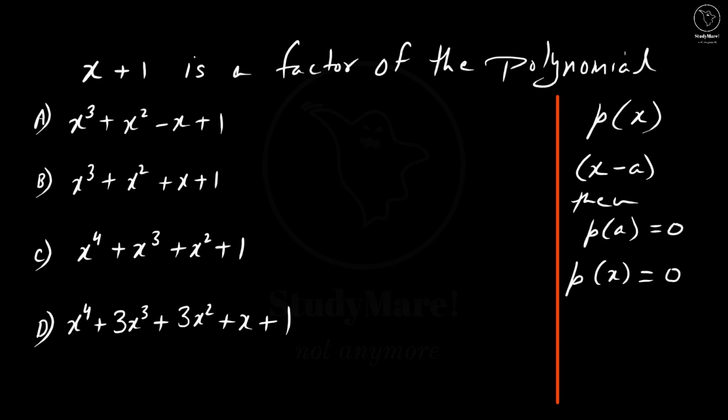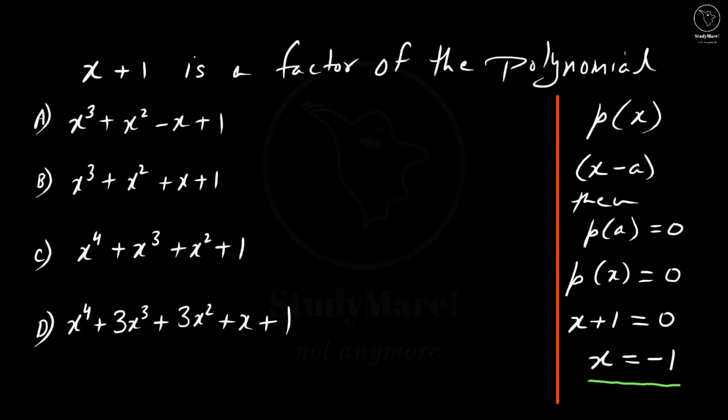That means x plus 1 must be equal to 0, and so the value of x is equal to minus 1. It means that if it is a factor, it should give the remainder as 0 when we put the value of x as minus 1.